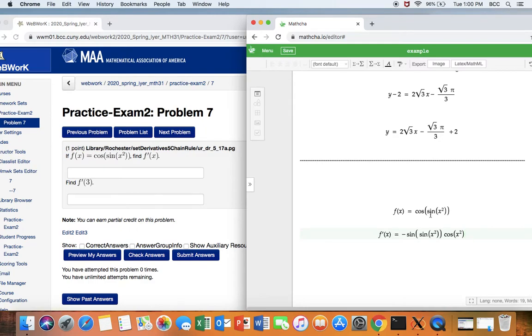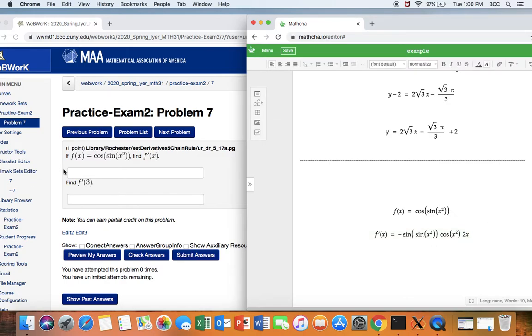That took care of the sine part. Whatever was inside sine will continue to be inside cosine. Am I done? No, there was one more complication inside. Its derivative is 2x. You got that? So that is your answer.